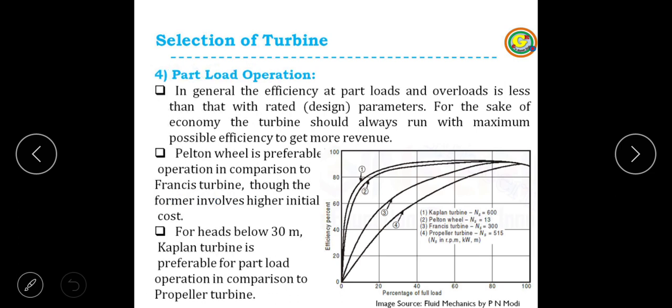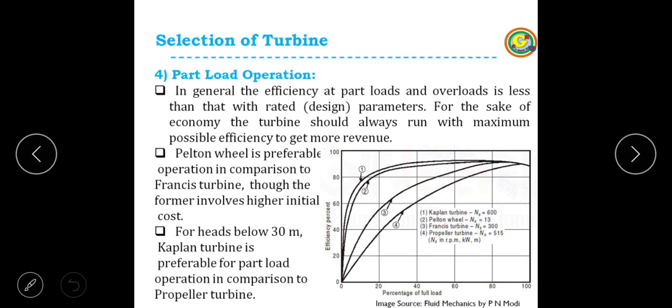Fourth, part load operation. In general, the efficiency at part loads and overloads is less than that with rated or design parameters. For the sake of economy, the turbine should always run with maximum possible efficiency to get more revenue.